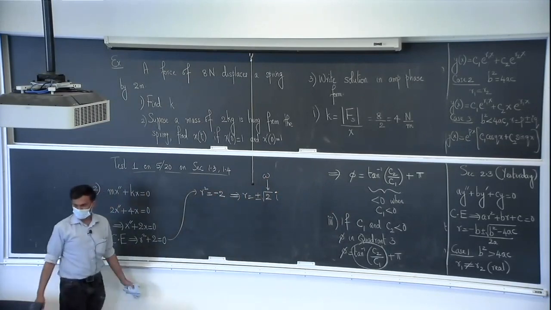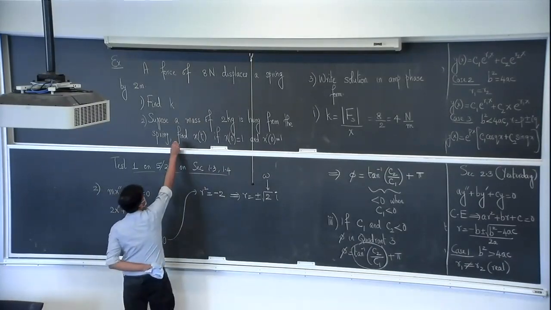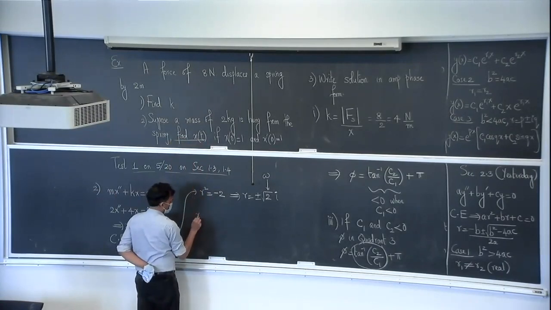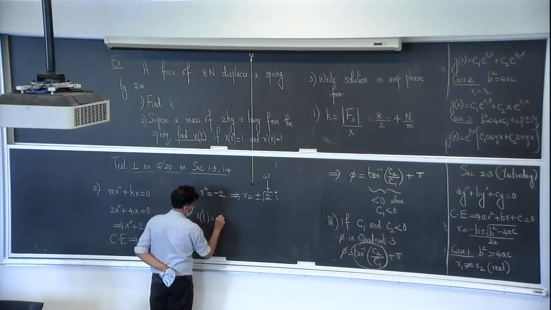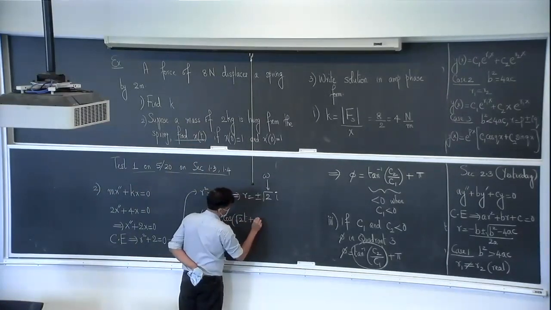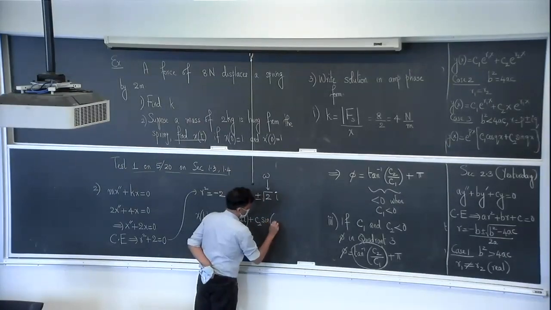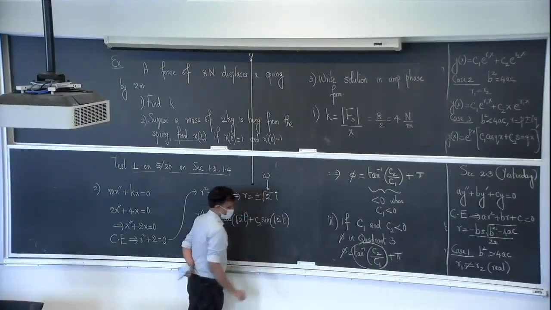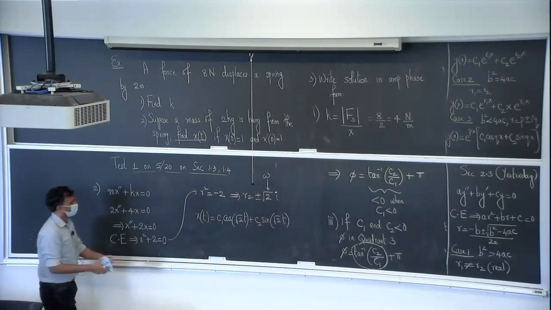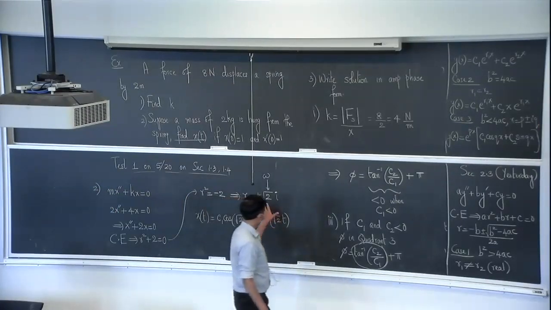That is my natural frequency, square root of 2. So when it says find x of t, in its raw form, it's just x of t equal to c1 cosine of square root of 2t plus c2 sine of square root of 2t. Simple harmonic motion with the natural frequency of root 2.